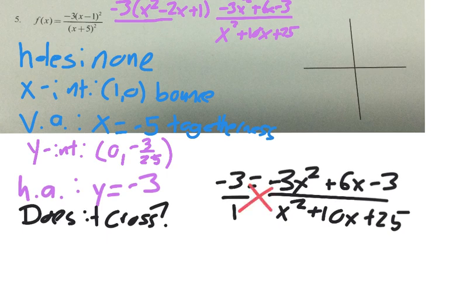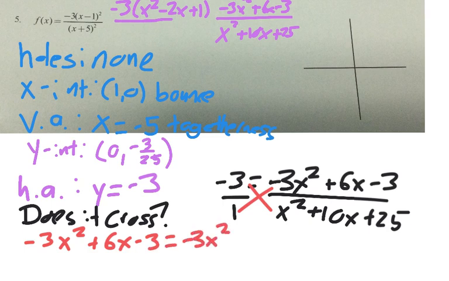Now if we cross multiply, 1 times the numerator is just the numerator. So it's going to leave me with -3x squared plus 6x minus 3 equals -3 times x squared is -3x squared. -3 times 10x is -30x. -3 times 25 is -75.